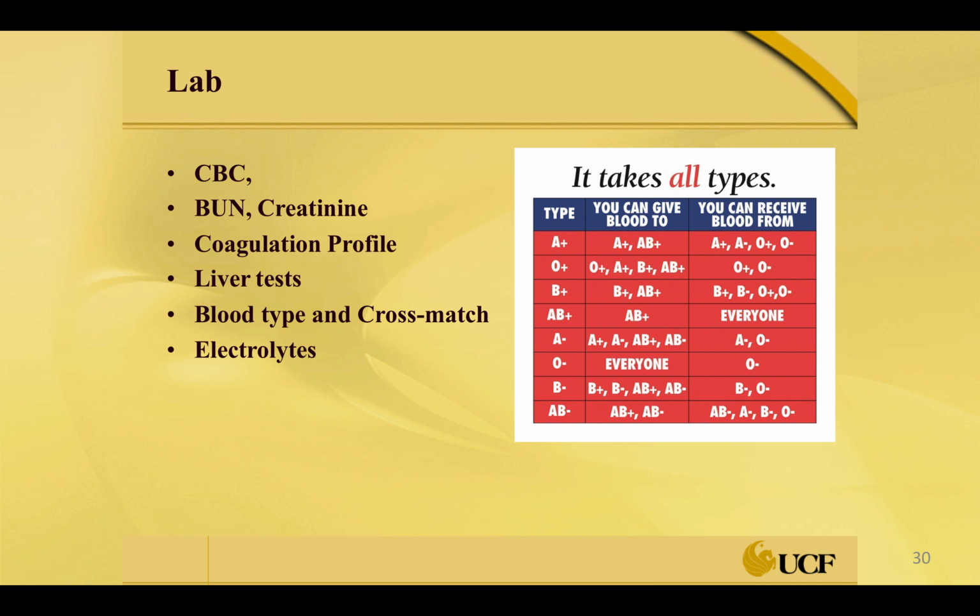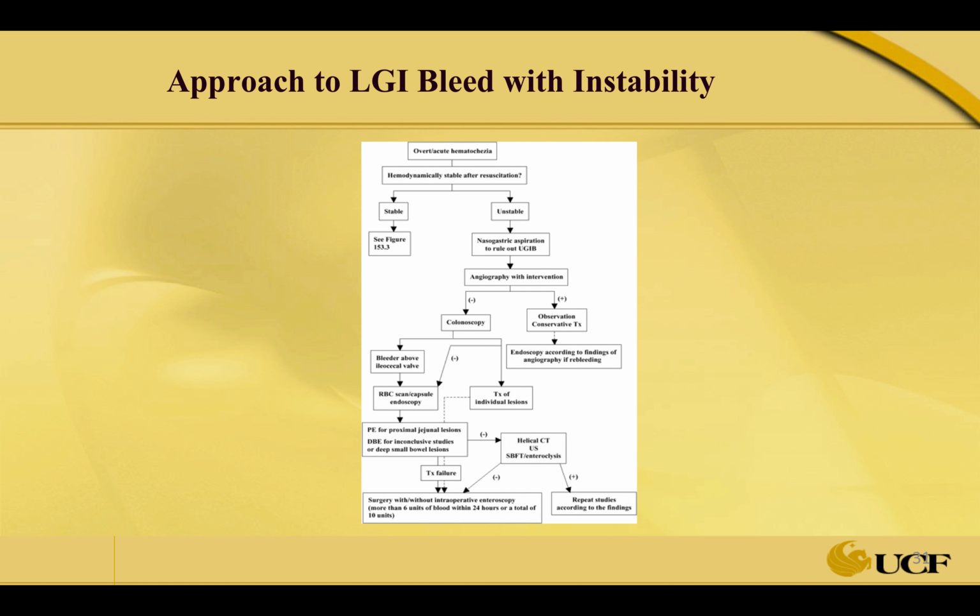Very essential is blood type and cross match, because we are going to be providing replacement of blood products and electrolytes. So basically, this slide shows a decision tree for overt acute hematochezia.